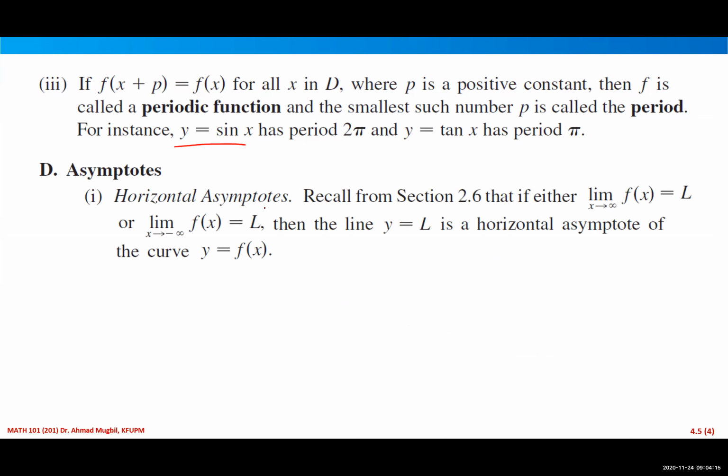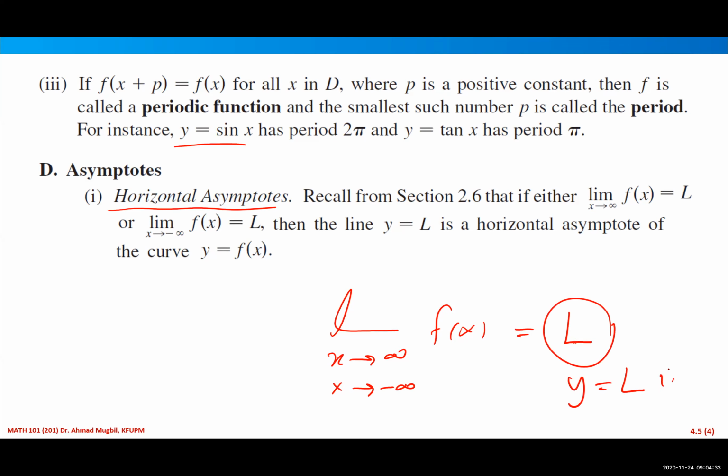The horizontal asymptotes, how to find the horizontal asymptotes? You will just find the limit of the function when x goes to infinity, or also when x goes to negative infinity. If this limit is equal to a specific finite number L, then y equals L is a horizontal asymptote.